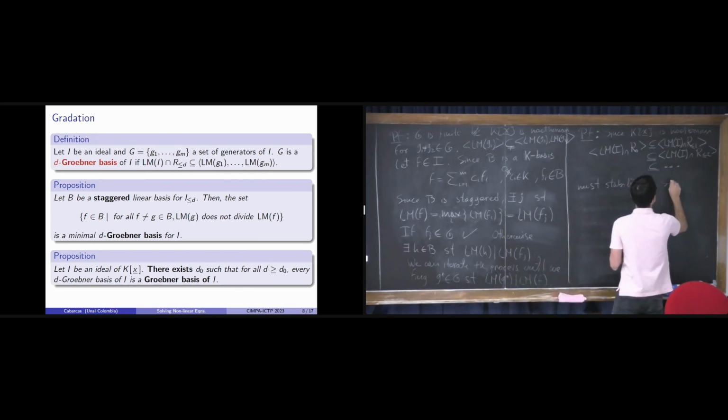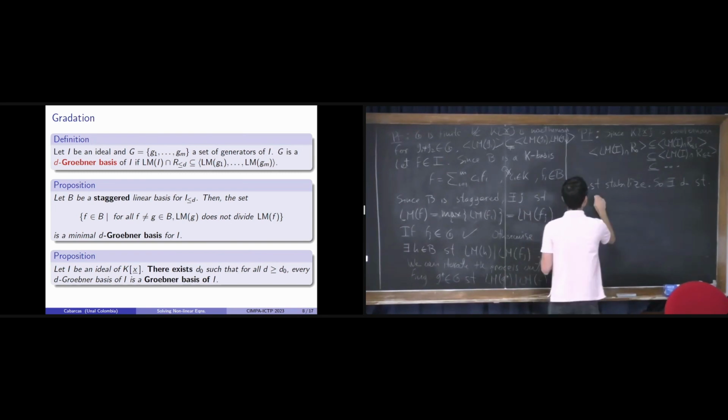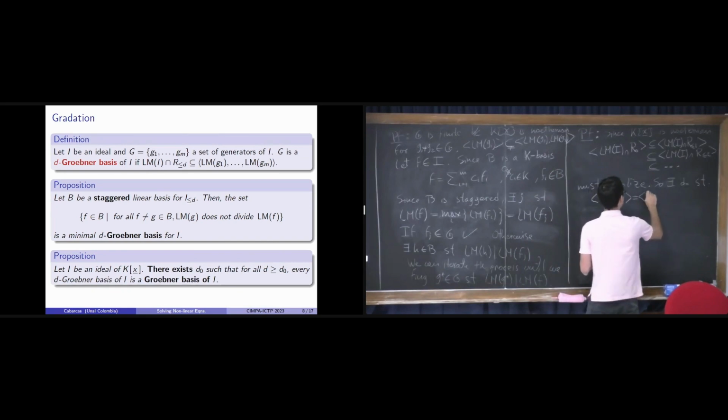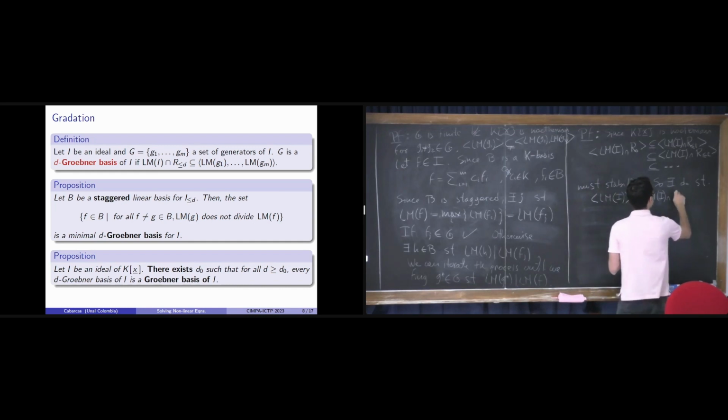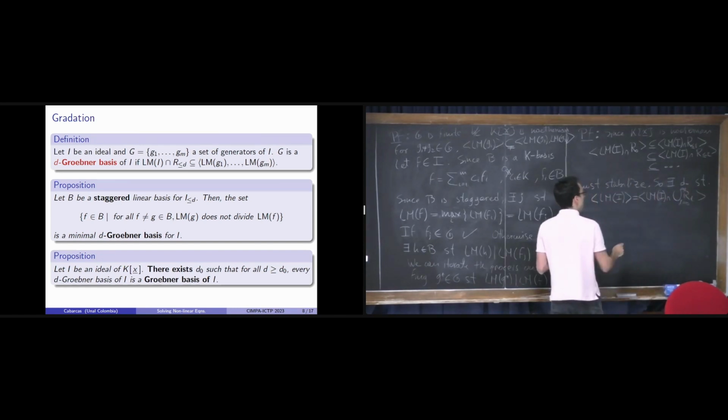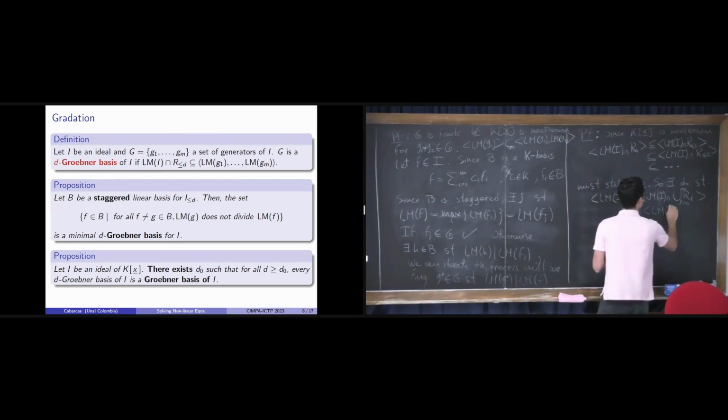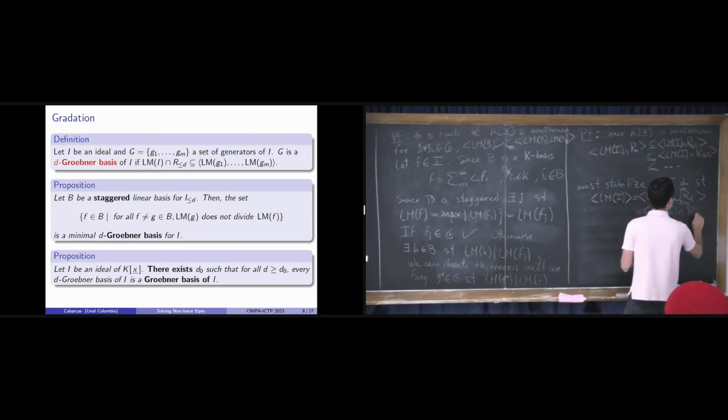So there exists some D0 such that the ideal generated by the leading monomials of I, which is equal to the ideal generated by the leading monomials of I intersected with the union of all R sub L's, L equals 0 to infinity, is actually equal to the ideal generated by the leading monomials of I intersected with R sub D0, right?